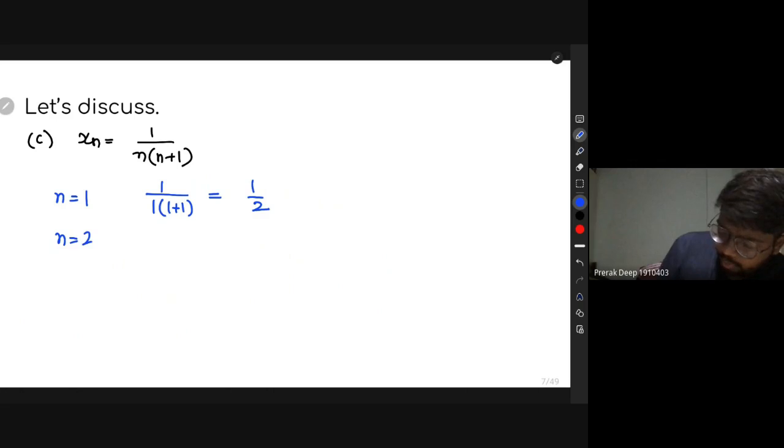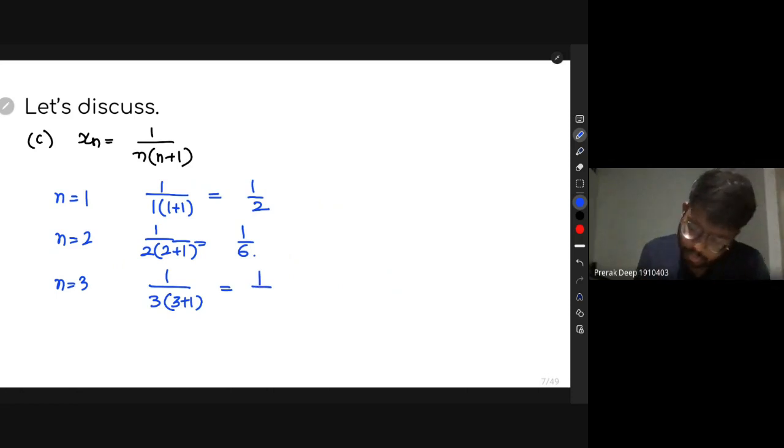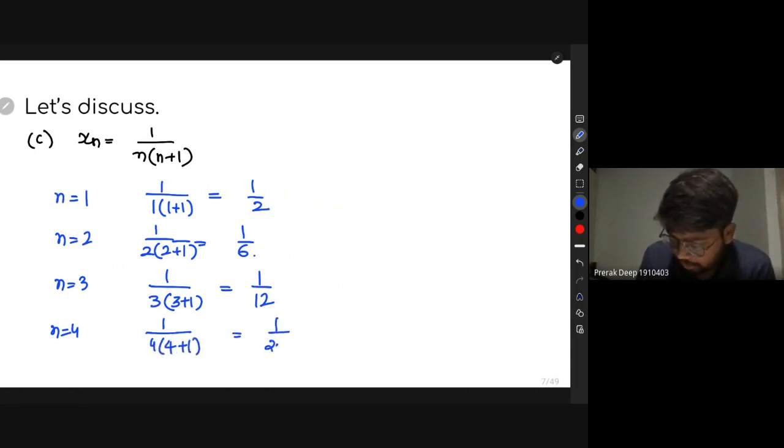N equal to 2, it is 2 times 3, which is 6. N equal to 3, it is 3 times 4, which is 12. N equal to 4, it is 4 times 5, which is 20. And n equal to 5, it is 1 over 5 times 6, which is 30.